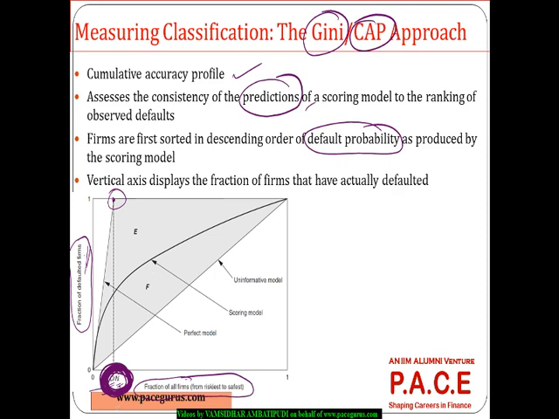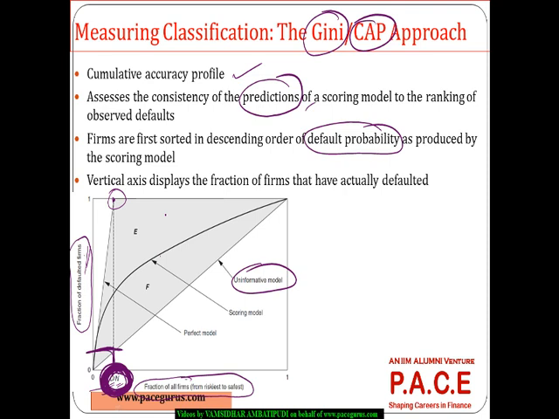But by the time it reaches d by n, if only this proportion of the firms have actually defaulted, then it means the accuracy of the model is not that high. So that is where we are calling it an uninformative model. And your scoring model may be somewhere in between the two. Just like the way we have used the ROC approach, we can use the Gini approach.